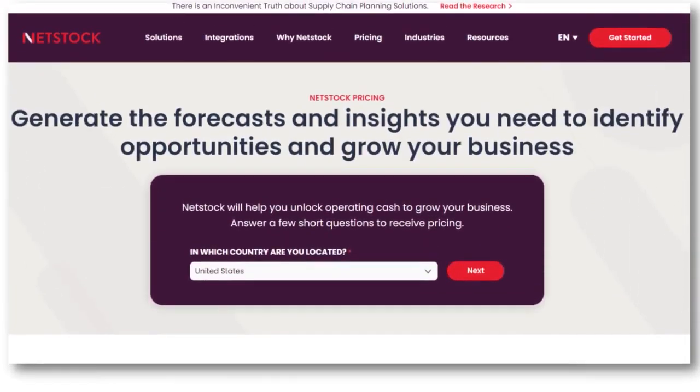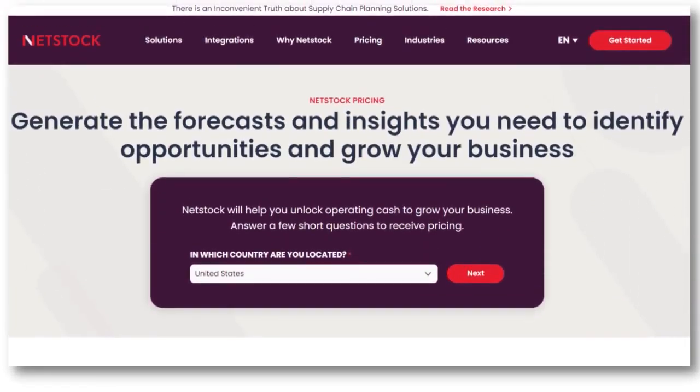I want to talk to you about differentiators. So when we talk about Netstock, what kind of differentiators should you be thinking about? Well, the first differentiator is that you have a software tool that provides solutions that unlock operating cash and accelerate business growth.